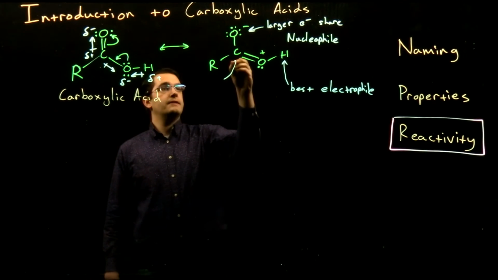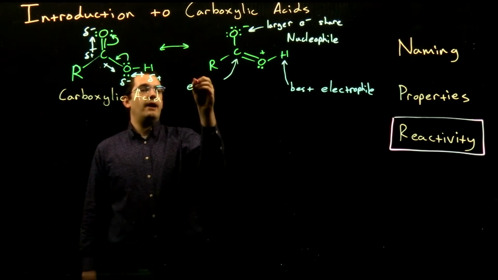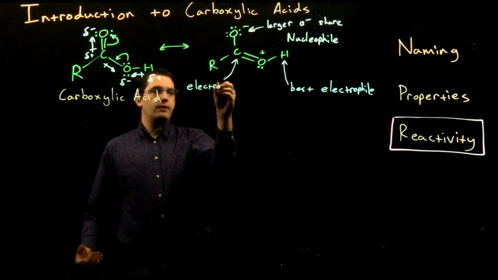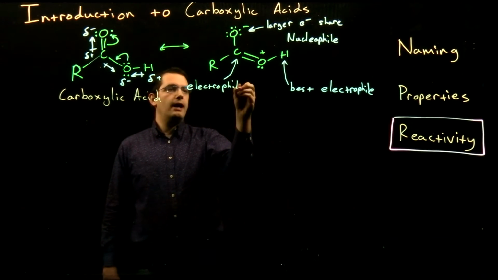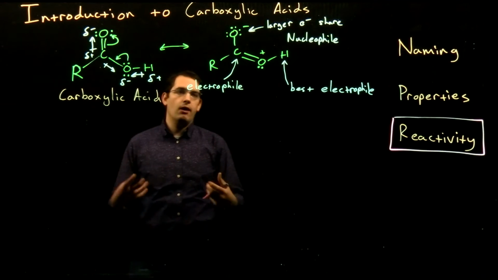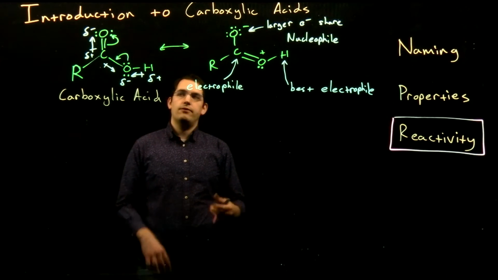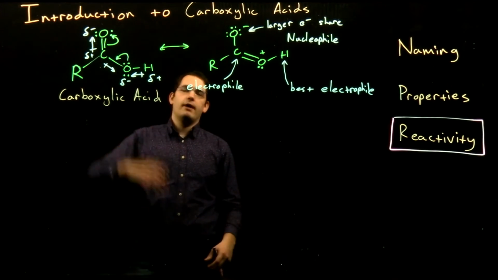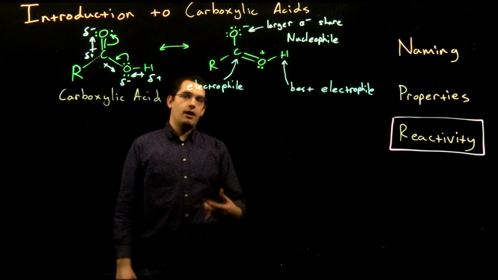Of course, our carbon itself is still a good electrophile as well. So as we saw with our aldehydes and ketones, that carbonyl carbon is a pretty good electrophile because of that highly polarized bond to our carbonyl oxygen.